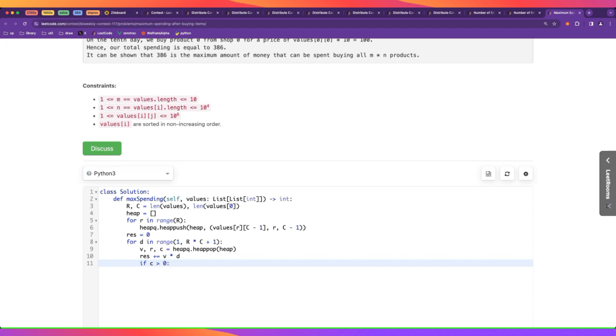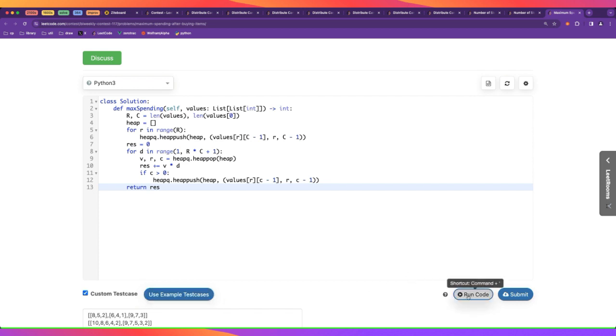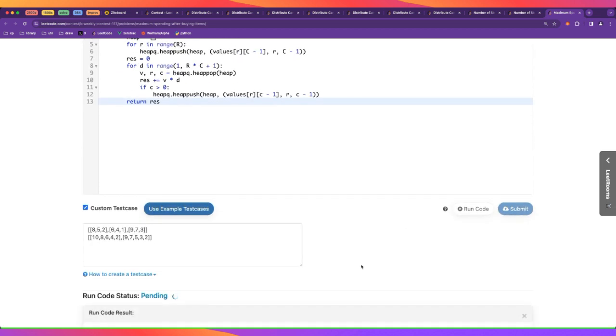So if we haven't reached the end, we're going to add that row again to the heap, but with the next element, which is values of R, C minus 1, R, and C minus 1. And this should give us the answer.